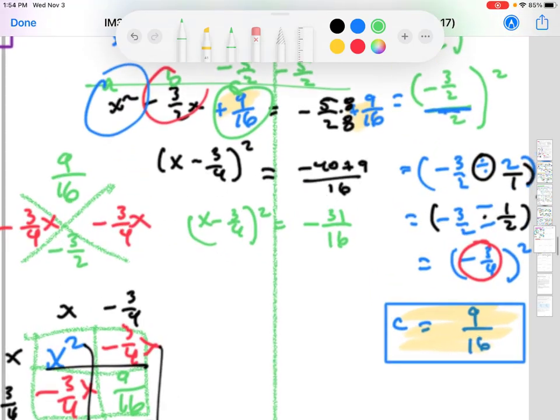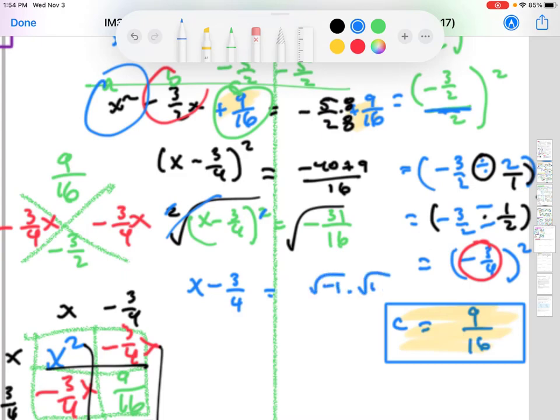Okay. Let's go ahead and do the square root. This is going to be square root of negative 1, square root of 31 over the square root of 16. So that'll become the i.